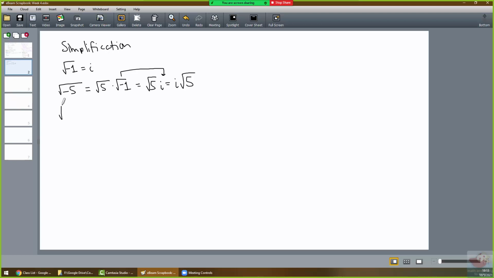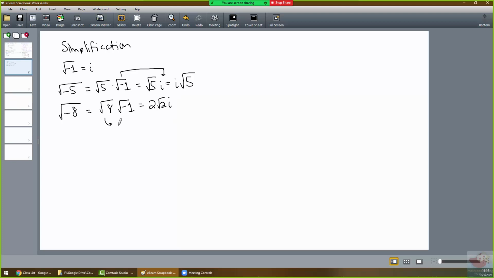Likewise, you might have a more exciting one. So the square root of -8 is the square root of 8 times the square root of -1. But carefully, how does the square root of 8 clean up? Wouldn't it be 2 with the square root of 2 on the inside? Excellent. And then you have the i.